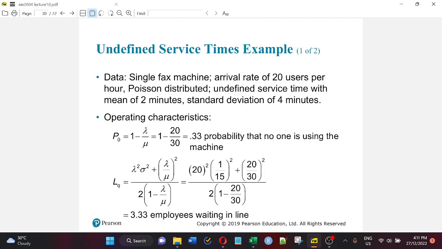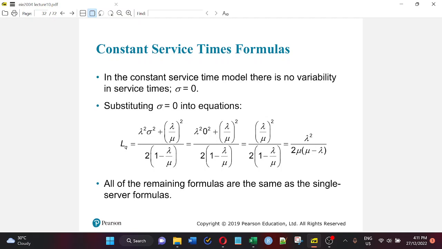You remember this one? In the case of undefined service, you have a standard deviation of 4 minutes, but in the constant case, the standard deviation is equal to 0. There's no variation at all. Because the standard deviation is 0, if you substitute the variance equal to 0 into LQ, then the formula will be different.